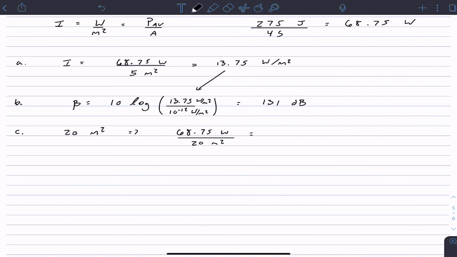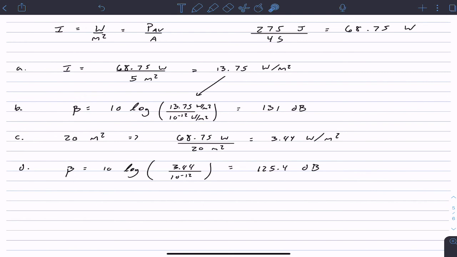That gives us a value of 3.44 watts per meter squared. And then for the next part, we just plug that in to find the sound level. 3.44 over 10 to the negative 12 gives you a value of 125.4 decibels.